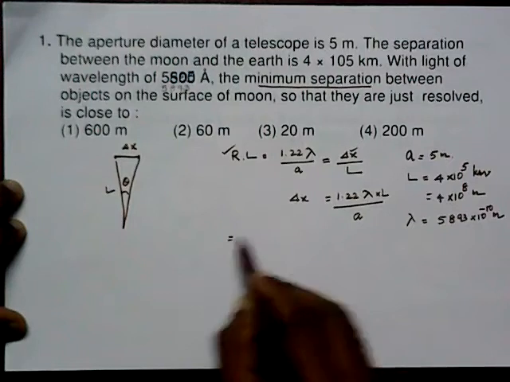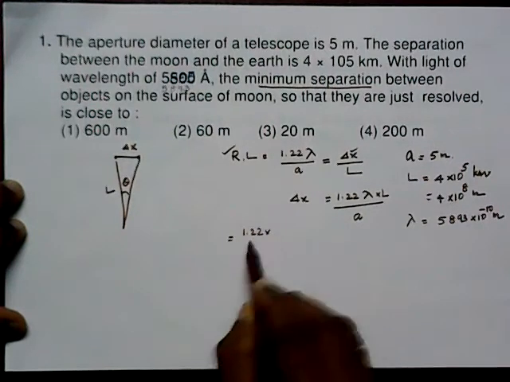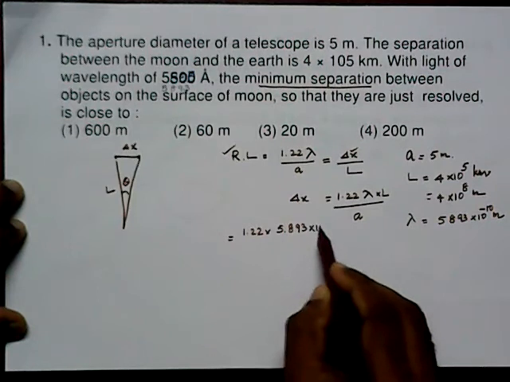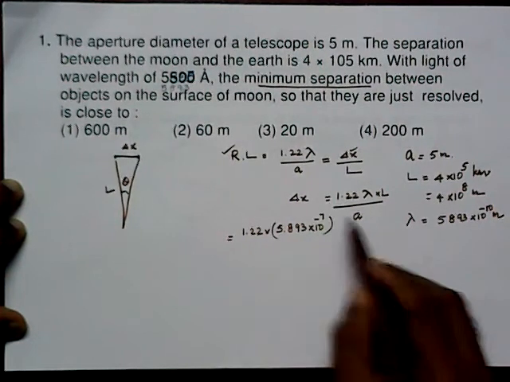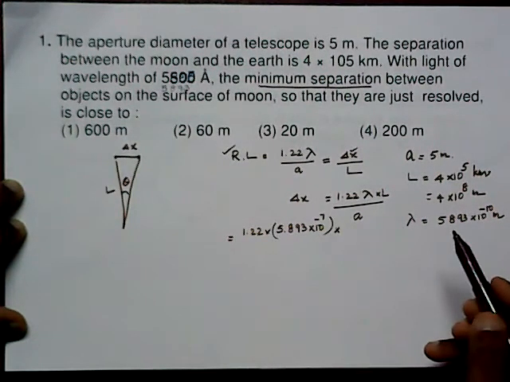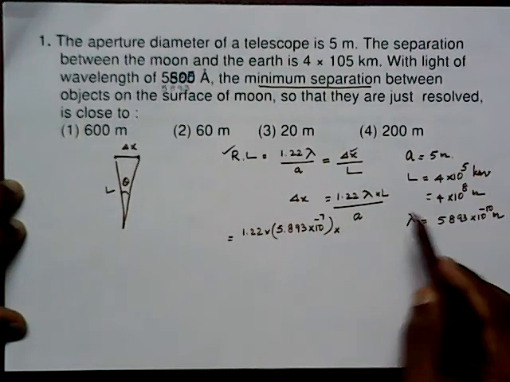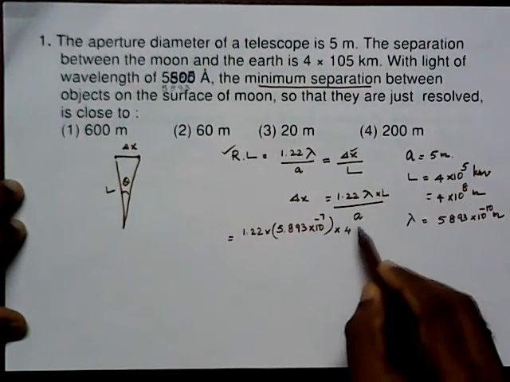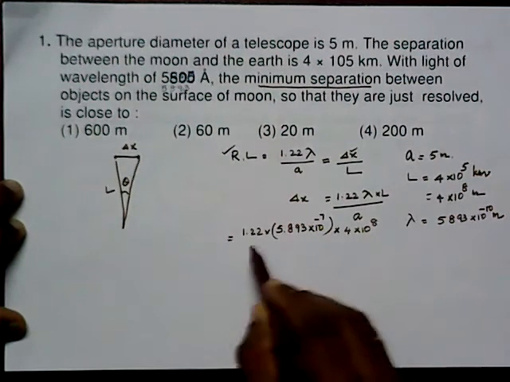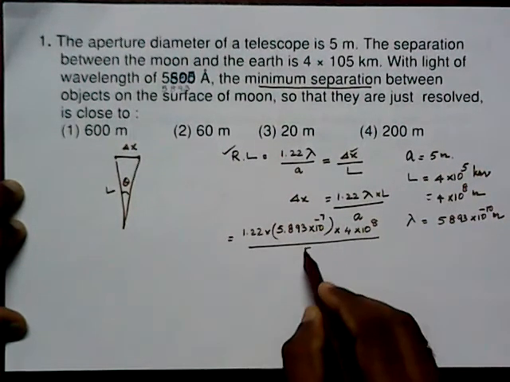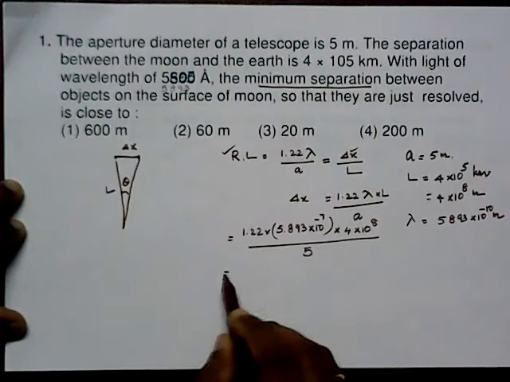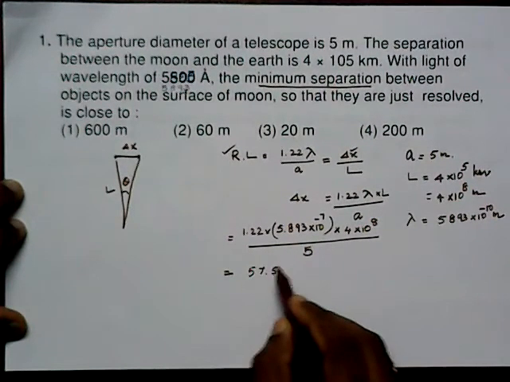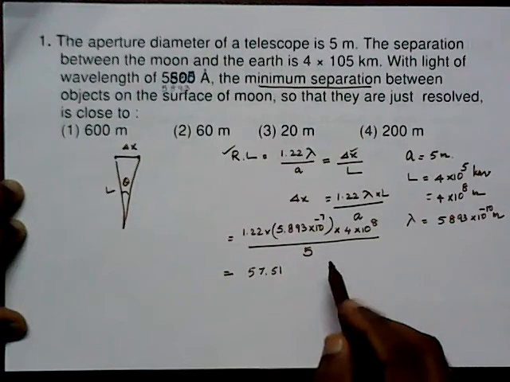So that is equal to 1.22 into 5.893 into 10 raised to minus 7, the wavelength, into the separation between the telescope and the two objects, L, as 4 into 10 raised to 8 meter, divided by the aperture as 5. So if you just find the value, you get approximately 57.51.